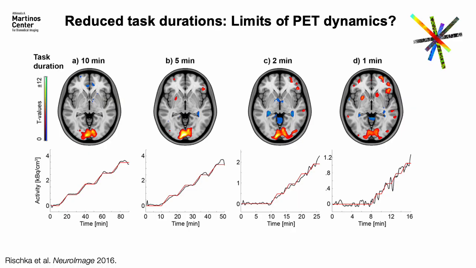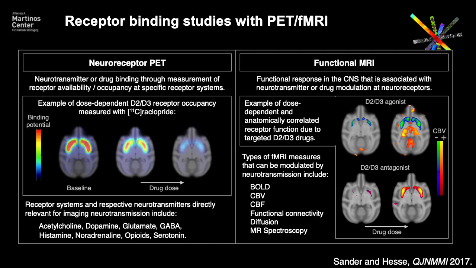This has been taken further to show that even changes down to 1 minute may be discernible using PET imaging. Overall, I'd like to say that with the advance of new and more sensitive scanners, especially in PET imaging, we may be able to get to a much higher temporal resolution and start to understand molecular processes at a much finer scale.